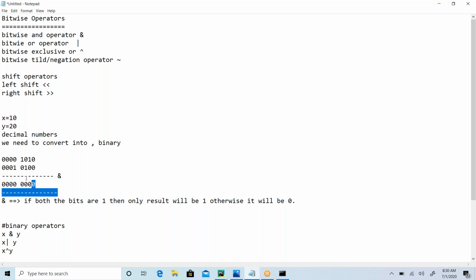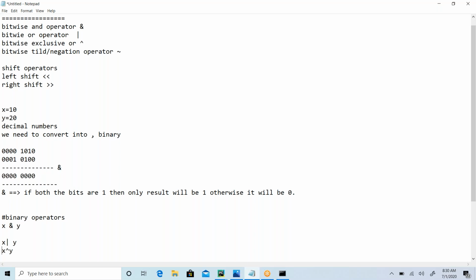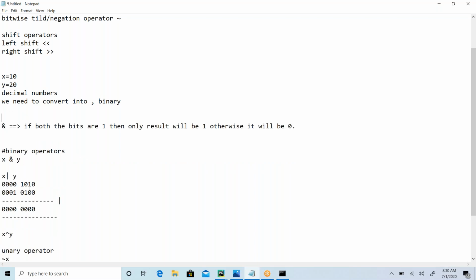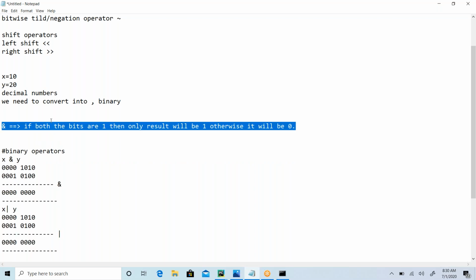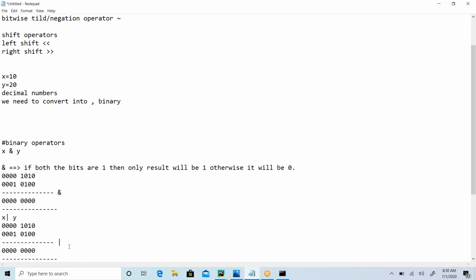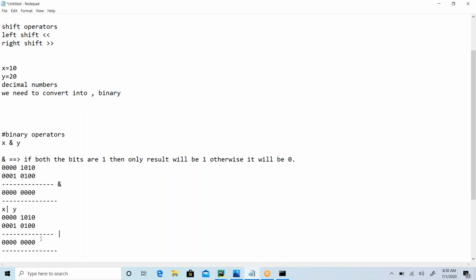Right? Now the same thing you can apply for the OR case. So we have the AND case, the OR case, and exclusive OR. Here, this is about the AND case, and in a similar way OR. OR is something like either A or B, meaning any one of them.